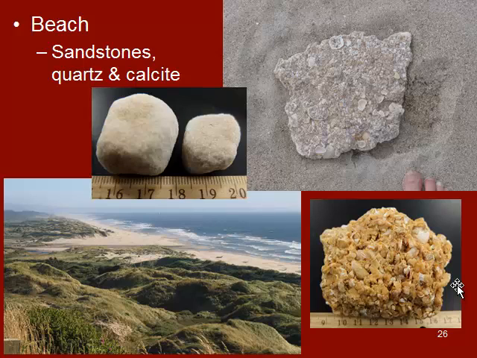Places like Florida beaches have more calcite present because there are reefs just offshore, whereas around here we have more of the quartz and rock fragment type stuff because we don't have as many reefs present. And if there are tide pools nearby, you might have some biologic sediments present.